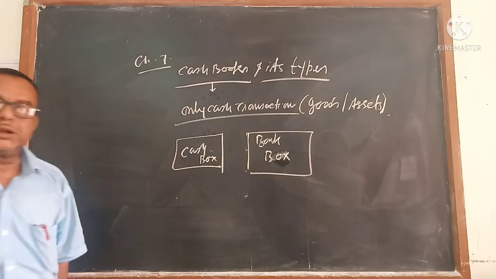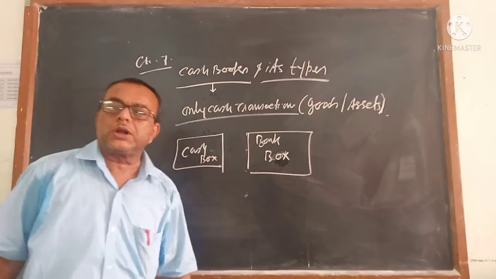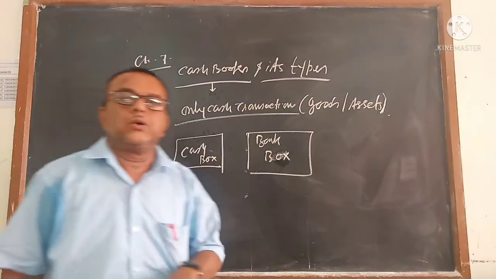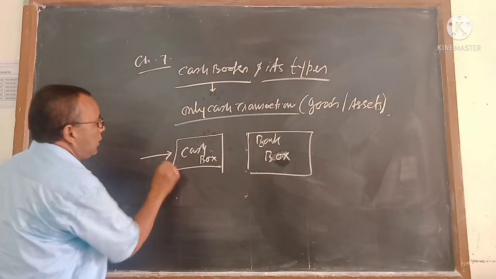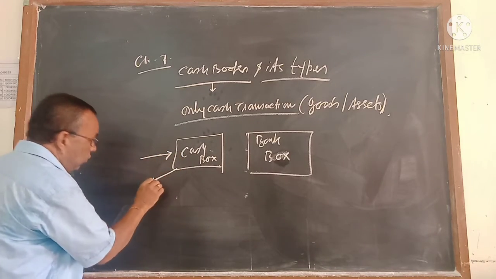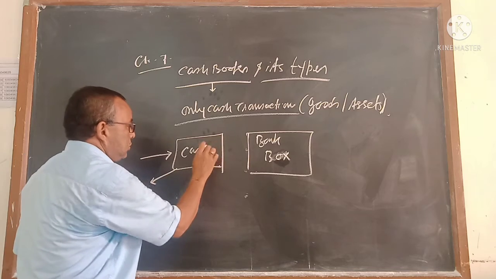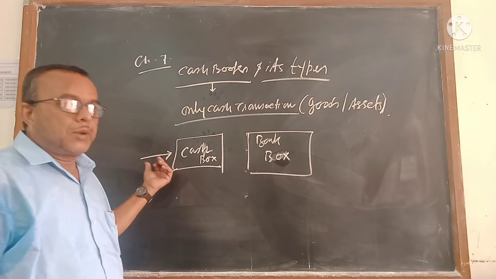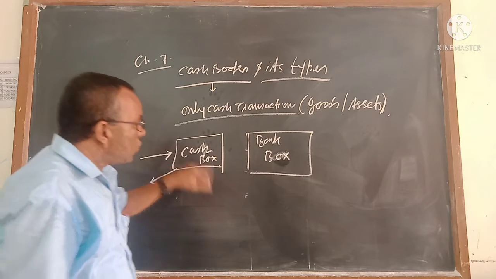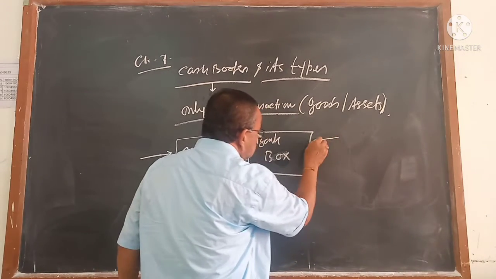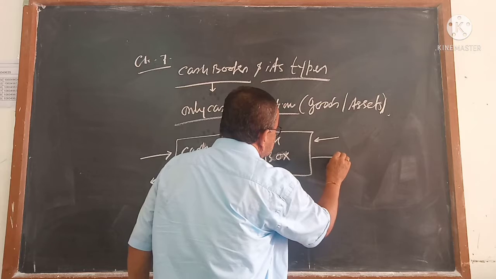How will you understand whether it is a cash transaction or a credit transaction? You will find out whether, due to any transaction, cash is coming in or going out of your cash box, or bank balance is increasing or decreasing.